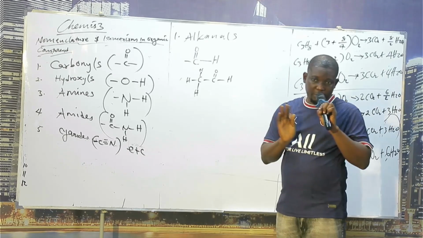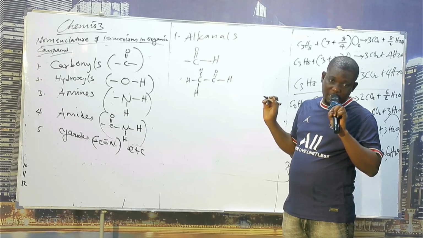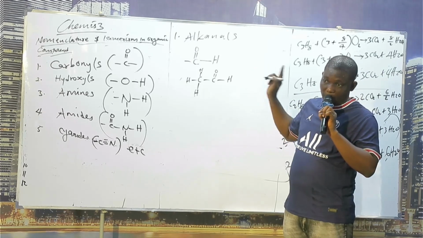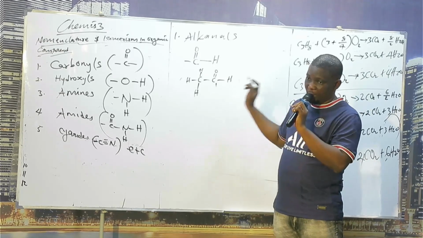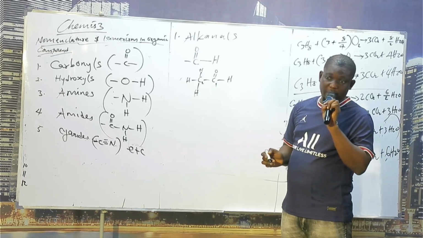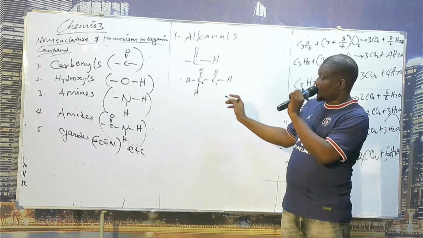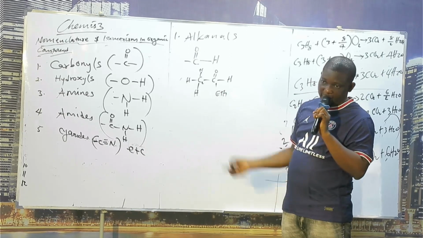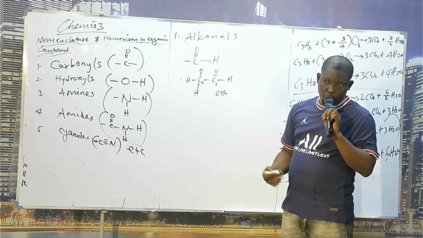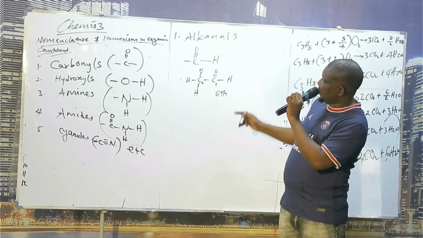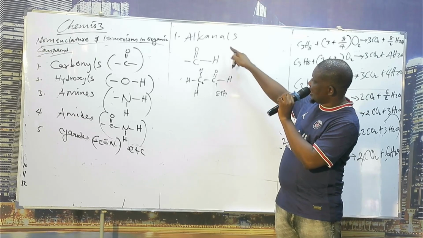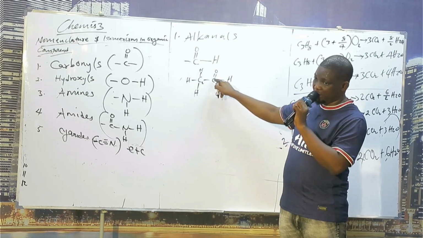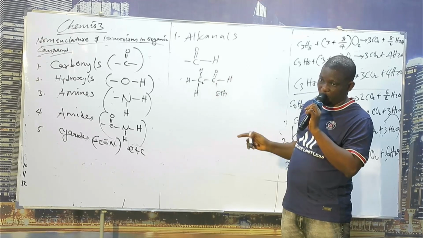Now, if you're naming this compound, the carbonyl carbon must be carbon 1. So which is carbon 1 here? This. Which is carbon 2? This. How many carbons are there in this chain? 2. An organic compound with 2 carbons must be eth-. So this will end with CHO as functional group.